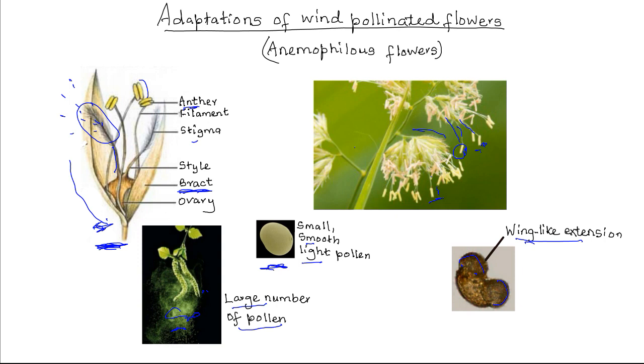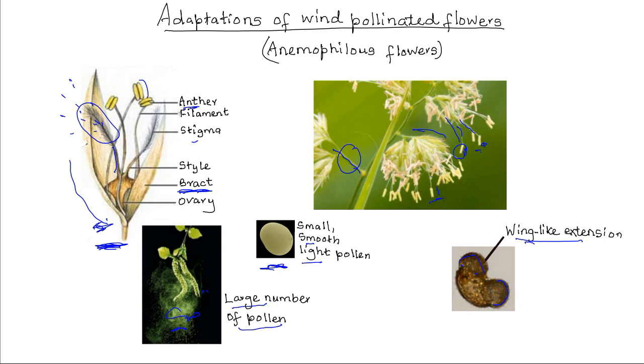So like in this plant here, you can see the flowers are borne at the end of long stalks, well above the leaves. So these flowers stand alone, exposed to the wind to facilitate carrying away of the pollen grains and exposure of the stigma to the wind for pollination.